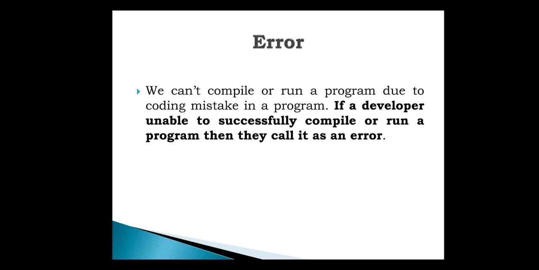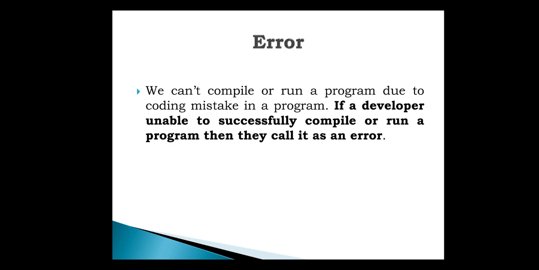Next is error. If at the developer's site he is preparing some code, builds lines of code and executes them on an environment, some errors occur and the developer is unable to compile and run it.